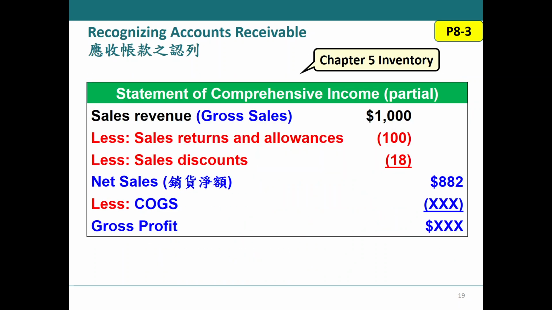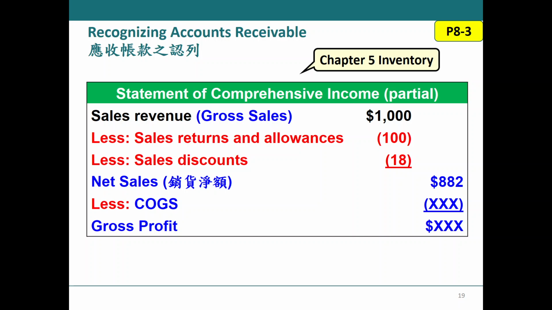Go to the process on your slide, page 19. Remember, when we prepare our financial statement, the one about our revenues is the statement of comprehensive income, 综合损益表. The statement of comprehensive income tells you the revenue and expenses. After that, what's the profit we got, right?